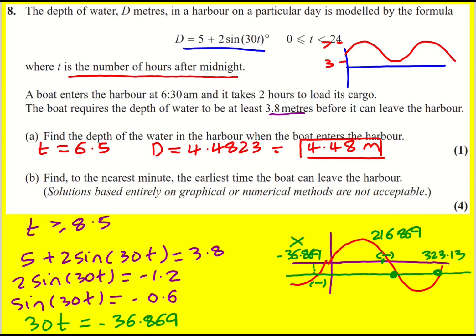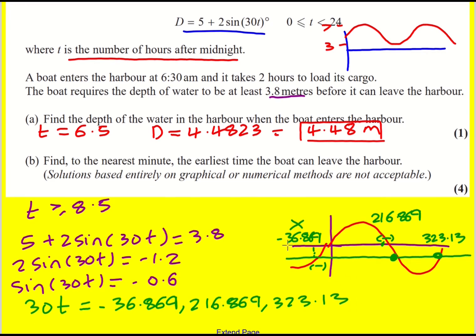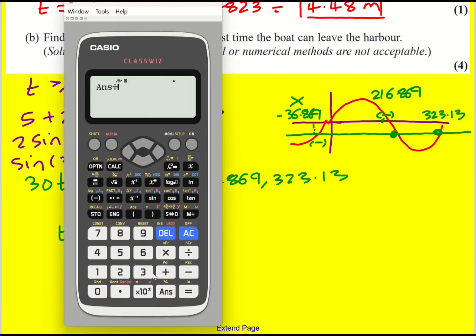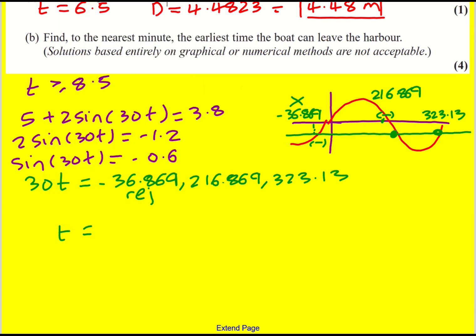Okay, so we can obviously ignore the negative. Let me just write this down here. So reject that one, divide through by 30. So this one I get 10.771.